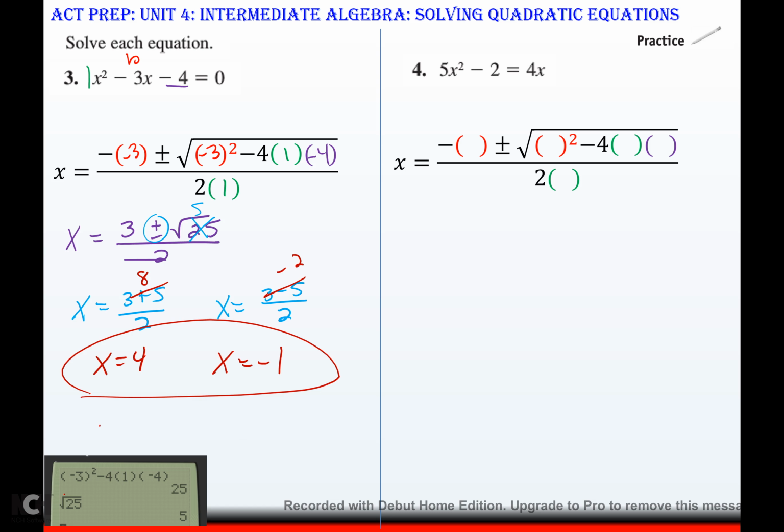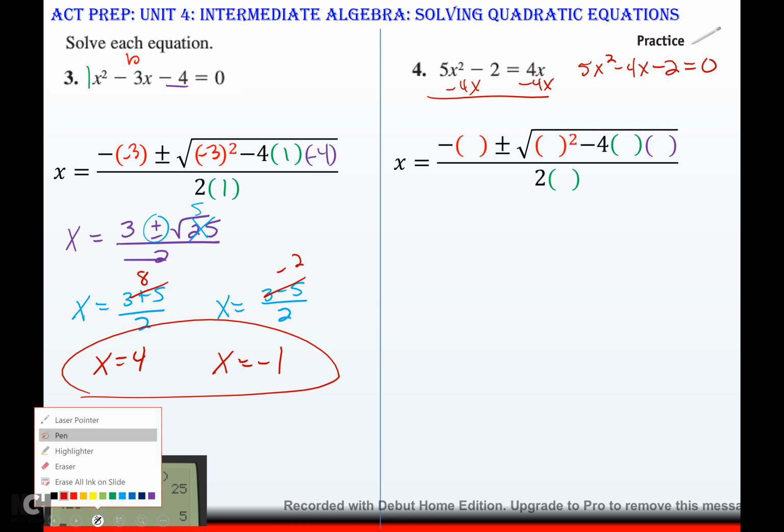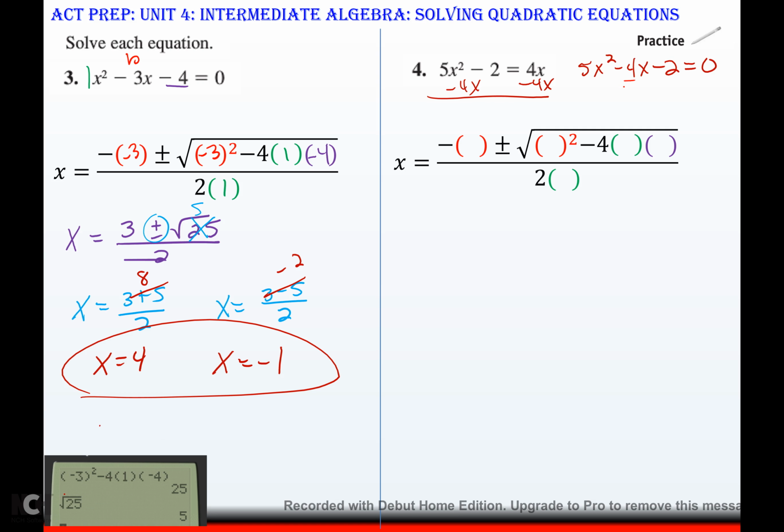Number 4 is not in standard form, so to get 0 over here, I'm going to minus 4x, which gives me 5x squared minus 4x minus 2 equals 0, which now tells me that b is negative 4, so that goes here and here. I now know that a is 5, so that goes here and here. And I now know that c is negative 2, which goes on the end.